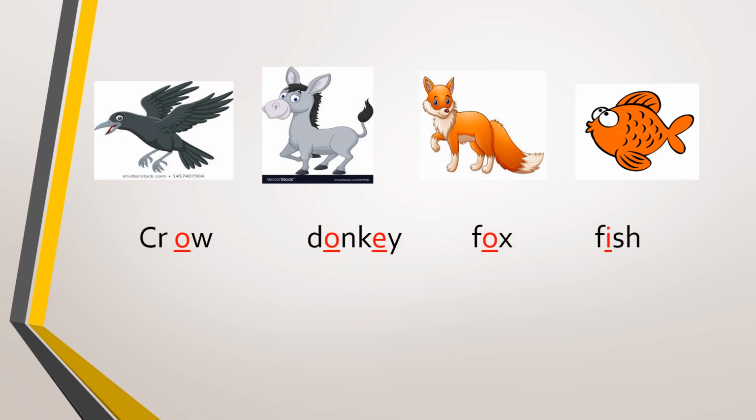O was missing. Donkey, D-O-N-K-E-Y. O and E are the vowels which were missing. F-O-X, fox. O was a vowel which was missing. Next, F-I-S-H, fish. I was the vowel which was missing.